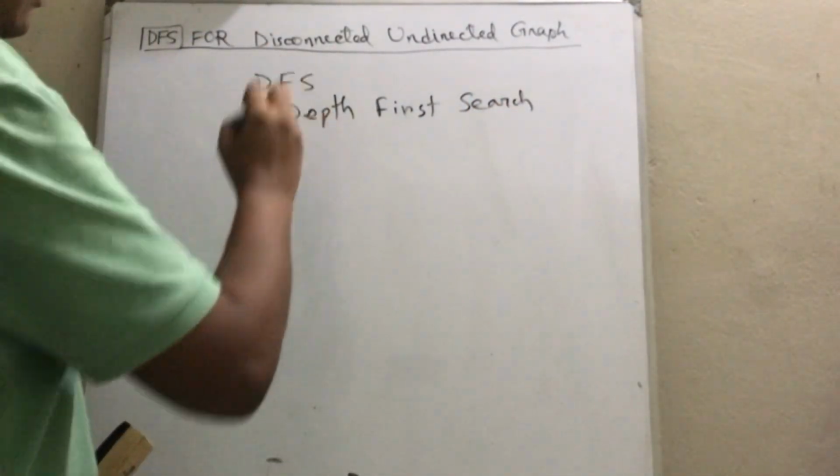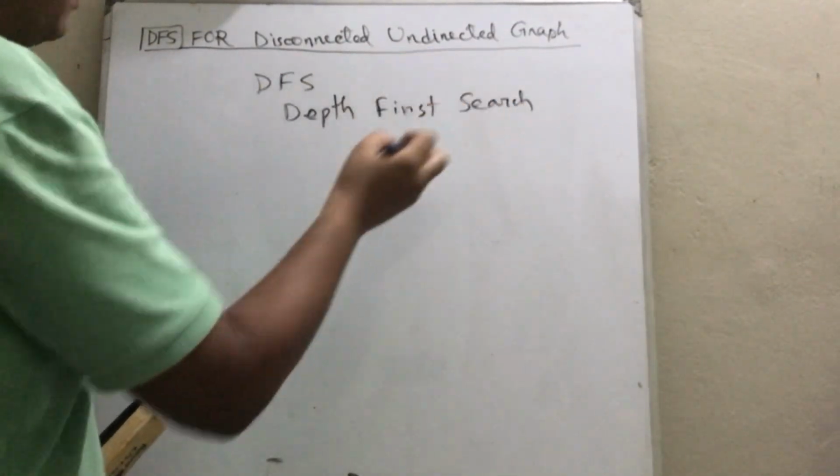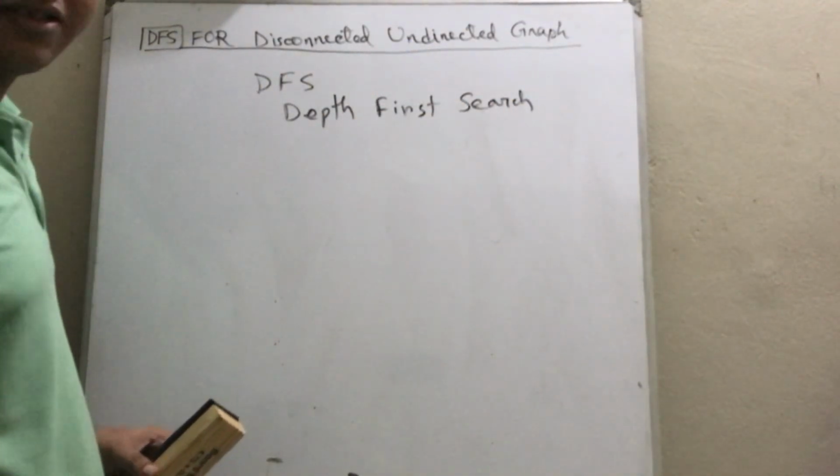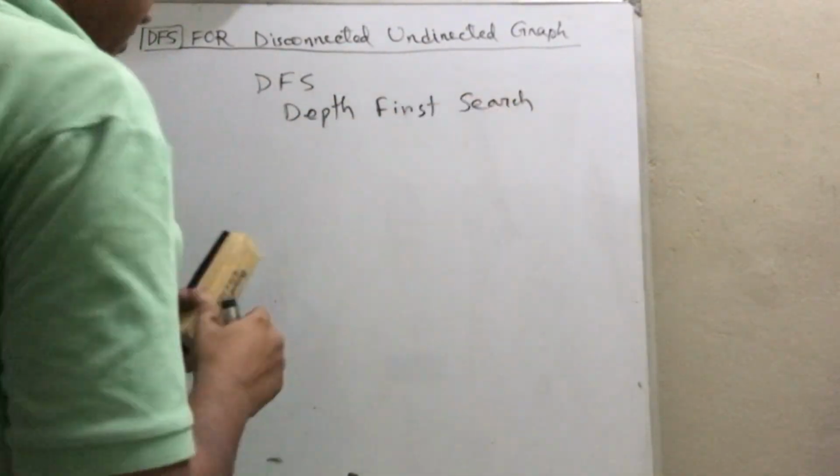Its brother is BFS, which means breadth first search. DFS means depth first search.